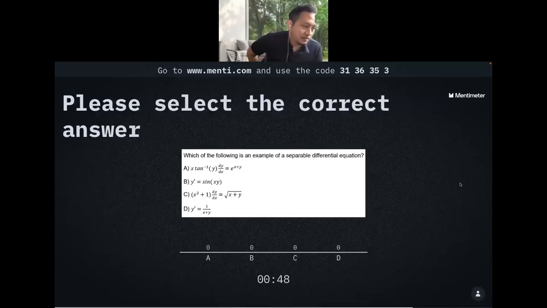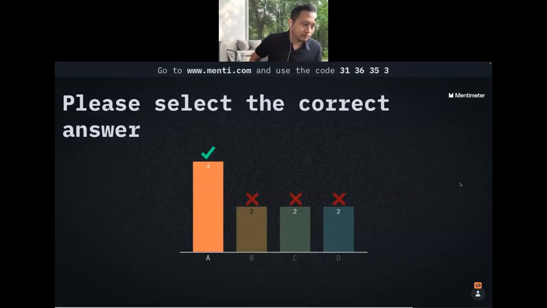Maybe too fast, but I do hope this is okay. 40, 39... 30 seconds. 9, 8, 7, 6, 5, 4, 3. Yes, it's A. Actually, you can try to separate X and Y.